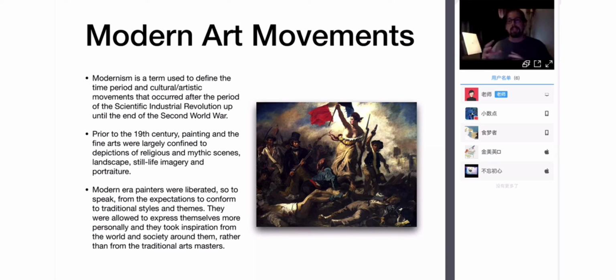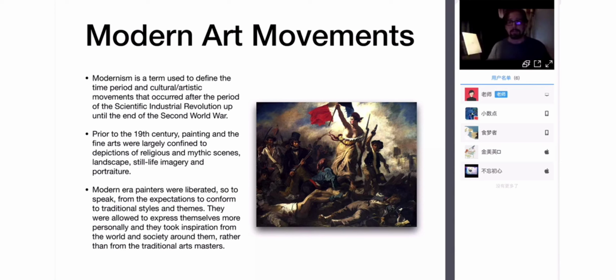So this period of around the late 19th century, 1850, 60, 70, up until 1910, this is the Industrial Revolution, and it was a very exciting period in Western history.